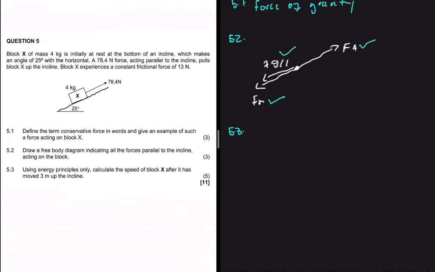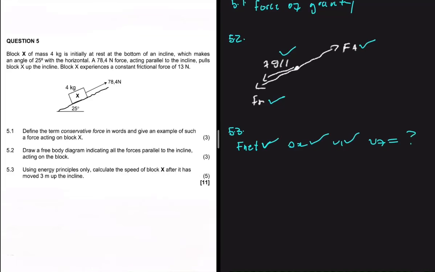So we basically have F net, and then we have delta x because we want the speed after the block has moved 3 meters. And then we have Vi, and we're looking for Vf. I think that's all we have, right?